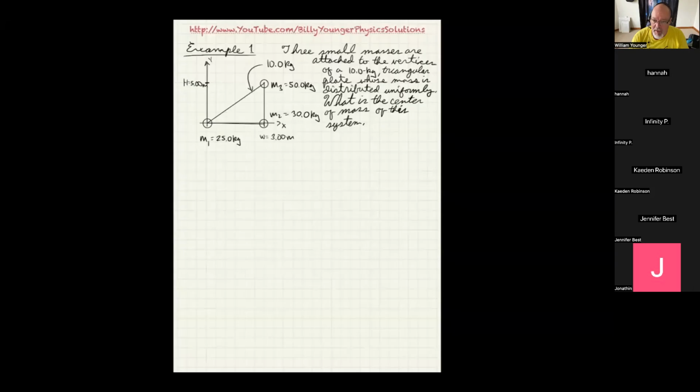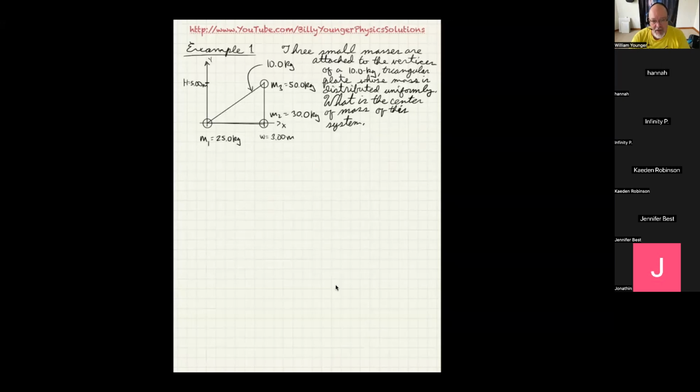A homogeneous lamina is a very, very thin two-dimensional shape. In this case, it's shaped like a triangle. And since it's homogeneous, it has about the exact same mass over every square centimeter as it does over every other square centimeter. So that's what I mean by that.